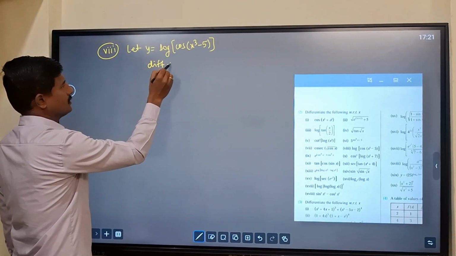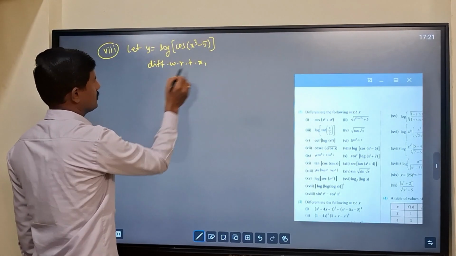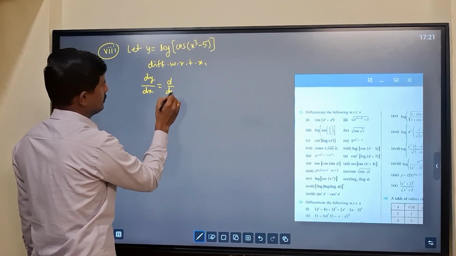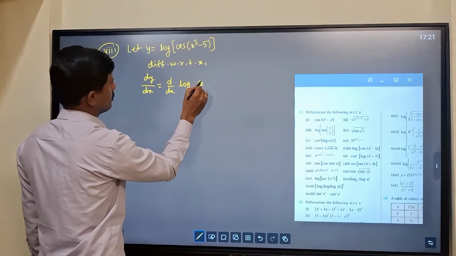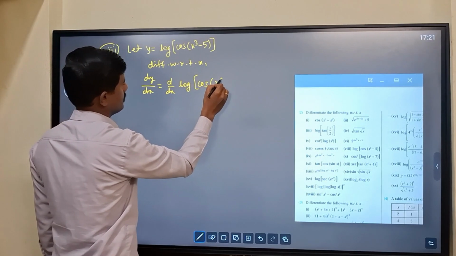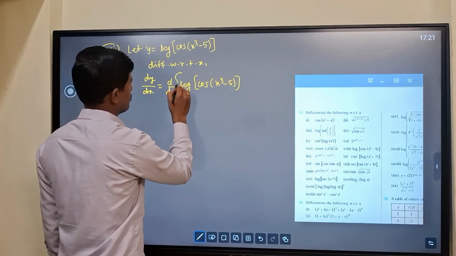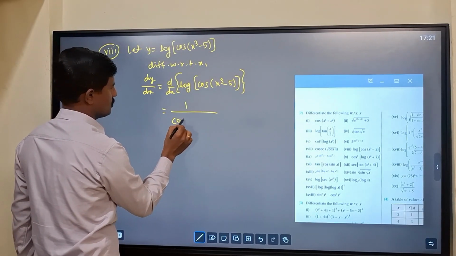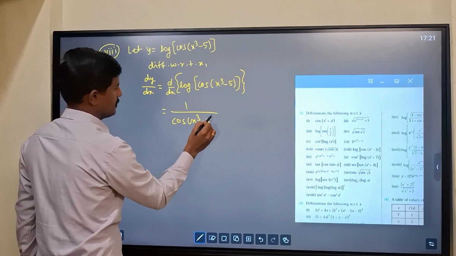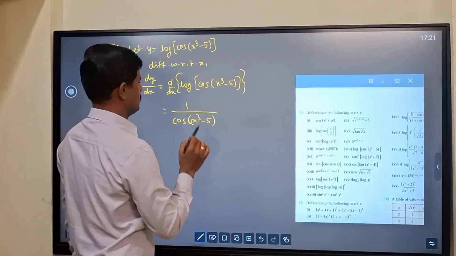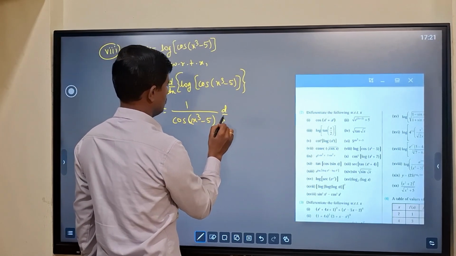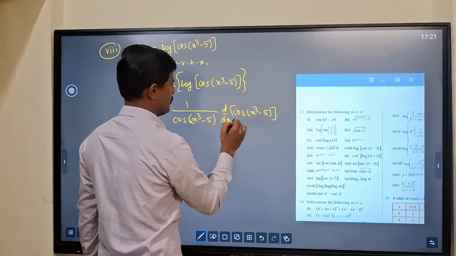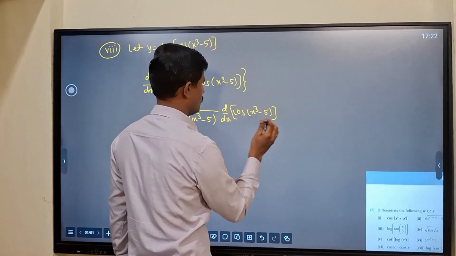Differentiate with respect to x. dy by dx is equal to d/dx of log of cos of x cube minus 5. Now differentiation of this term is 1 upon cos of x cube minus 5 into d/dx of cos of x cube minus 5.